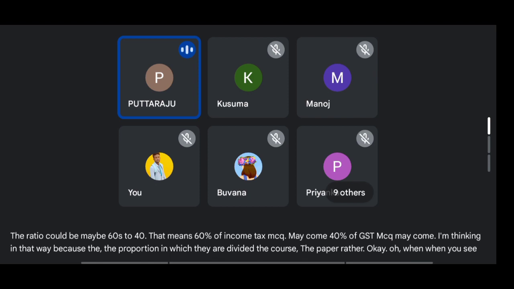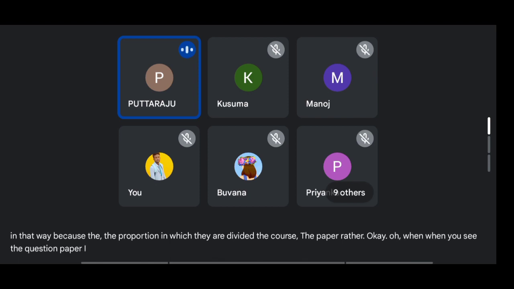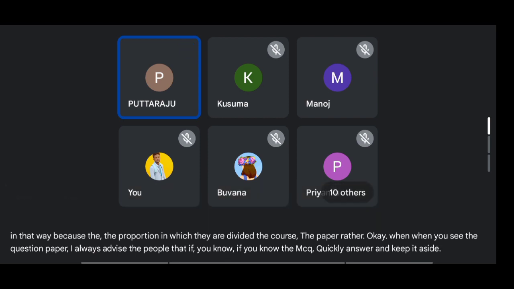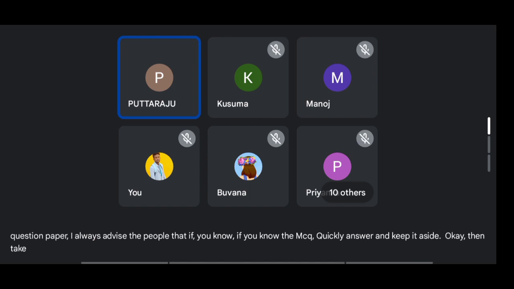When you see the question paper, I always advise people that if you know the MCQ, quickly answer and keep it aside. Then take up the descriptive.